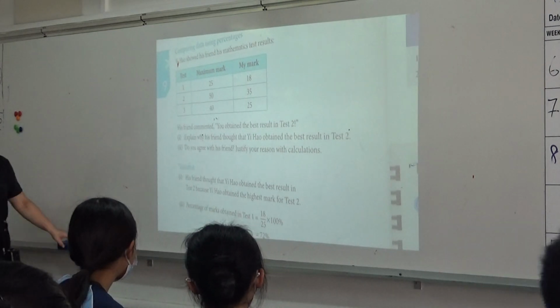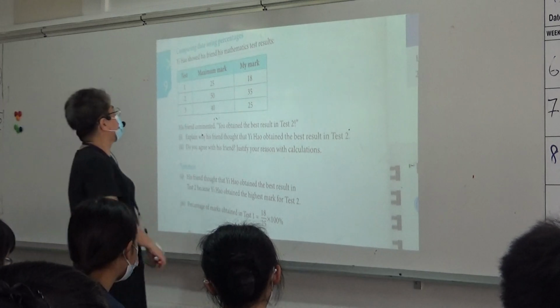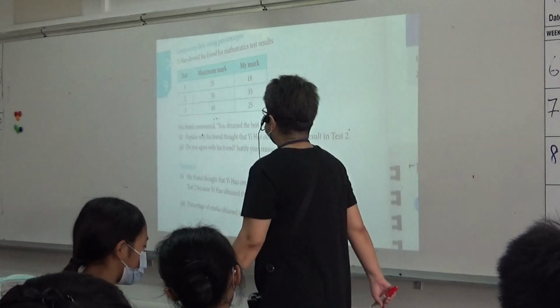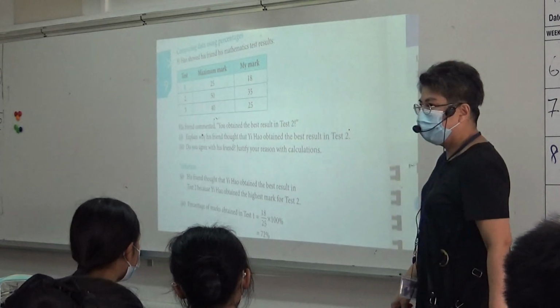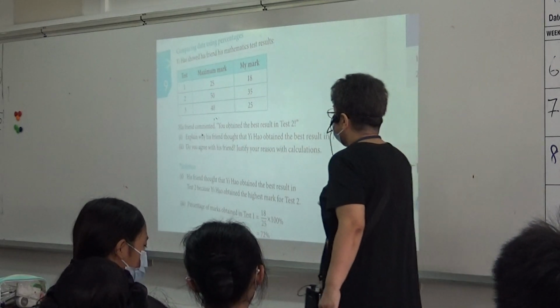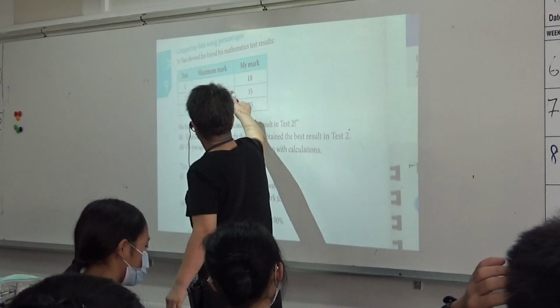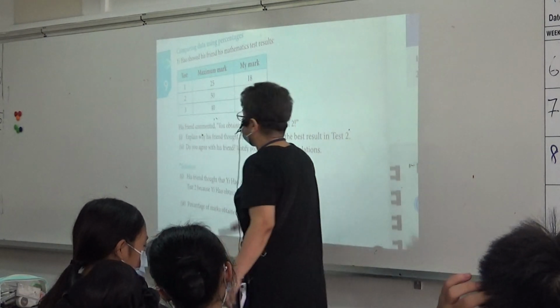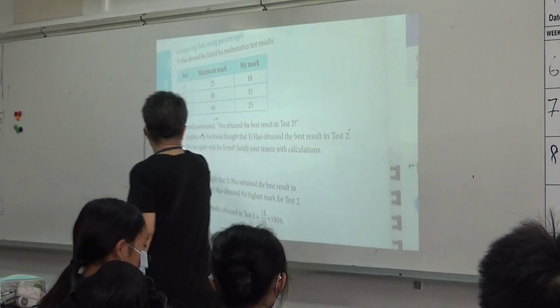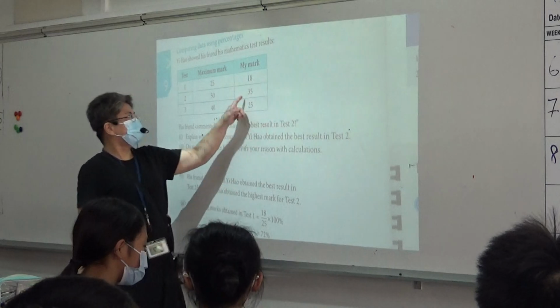Now let's take a look here. Yi Hao showed his friends his mathematics test results. All of you look at the board. Test 1, test 2, test 3. This is the score he got, this is the maximum score. His friend commented, you obtained the best result in test 2.